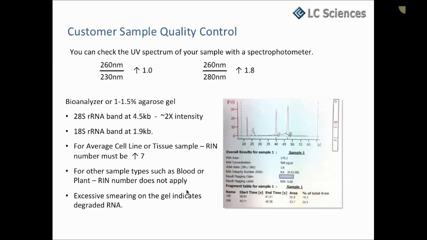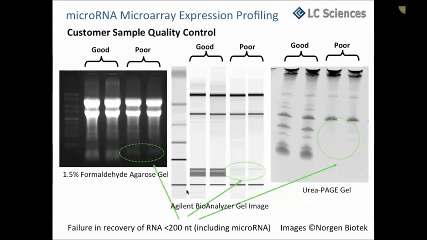The lowest RIN we had was 3, I believe, and the microRNA was just fine. So unfortunately, there's really not the perfect QC method out there yet, at least not high throughput, because you kind of have to run it on a gel.